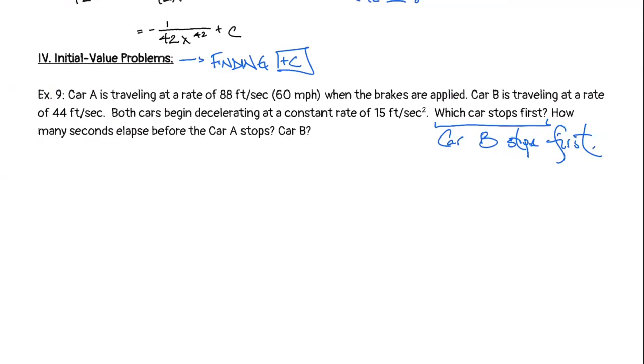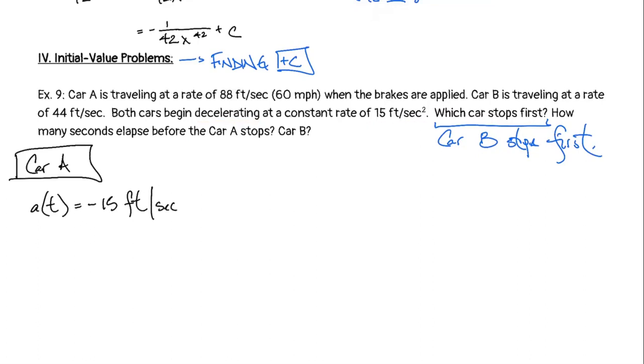Okay, so let's get back to this problem, okay? So we're gonna take a look at car A first, and then we'll take a look at car B. So for car A, we know that it is decelerating at a rate of 15 feet per second squared. And so what we can say is that the acceleration of car A is negative 15 feet per second squared.